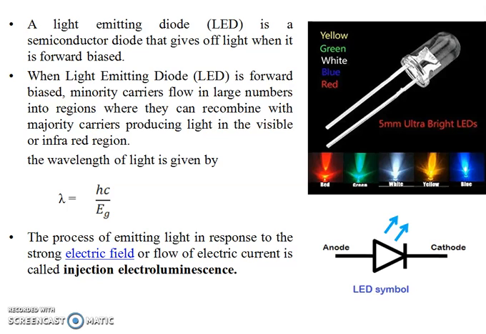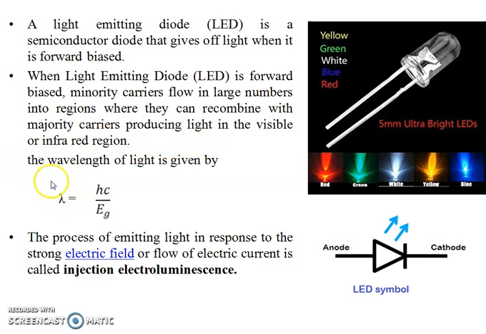So it's a semiconductor diode, just like your PN junction. The symbol remains the same, but we have these two arrows that represent the light coming out of this. How does it happen? When the light emitting diode is forward biased, so it's a forward biasing device, the minority carriers flow in large number into the region where they can recombine with the majority charge carrier to produce light.